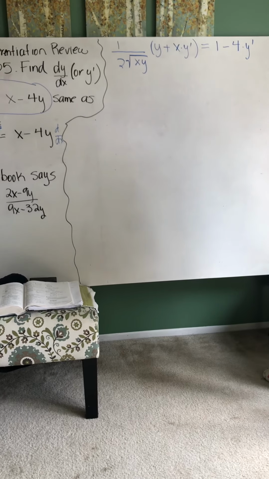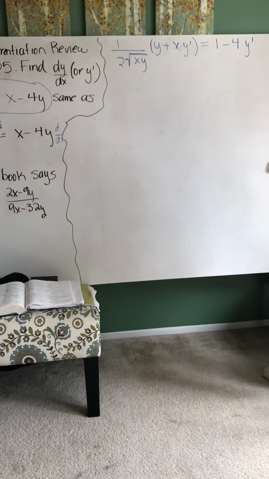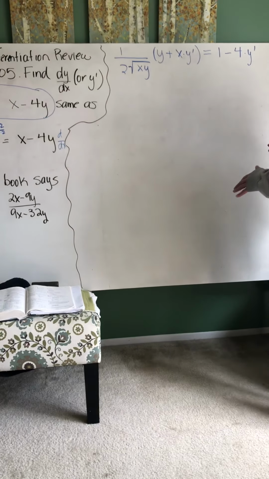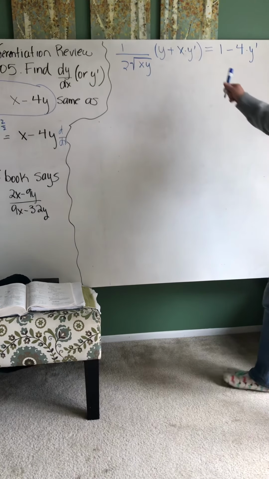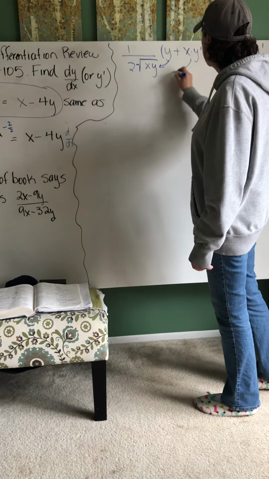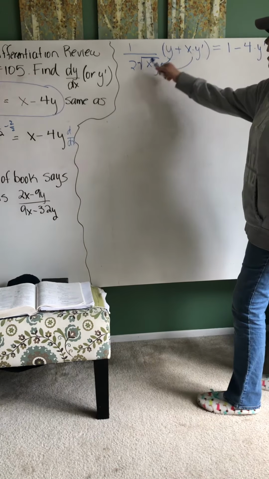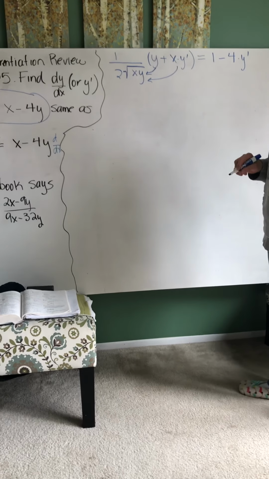Okay, the next thing I'm going to do is get all the y prime expressions together on one side of the equation, and all the expressions without y prime on the other side. This means this y prime is stuck in parentheses, so I am going to distribute the y to the first expression and the x times y prime. So let's go ahead and do that.